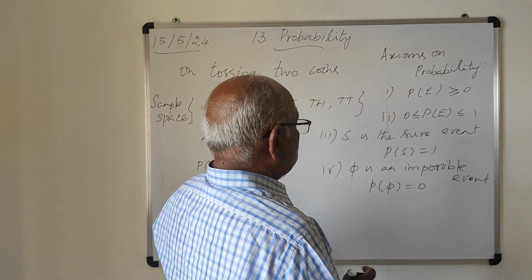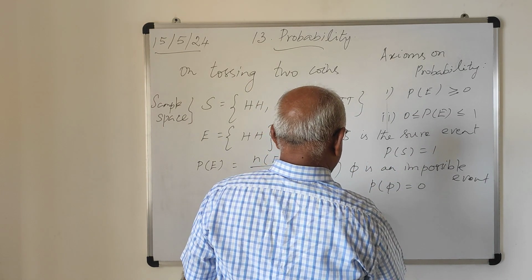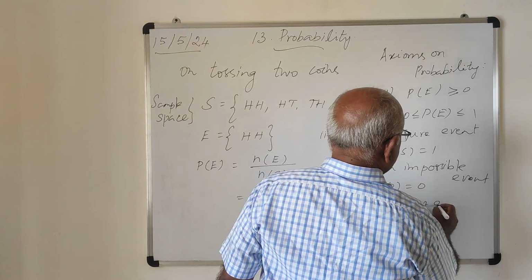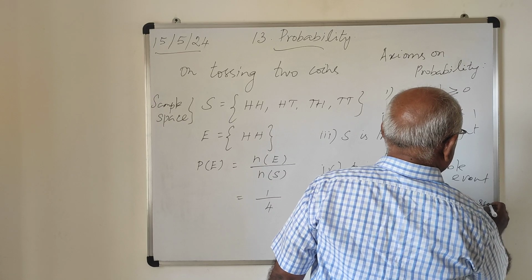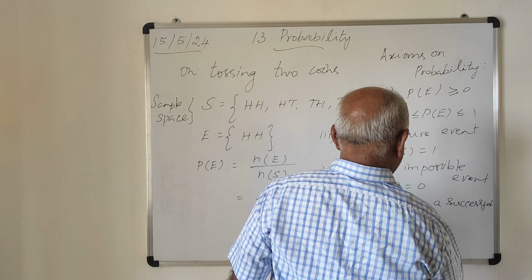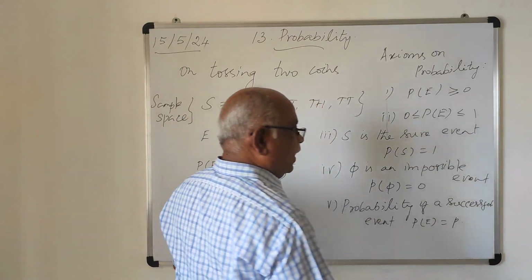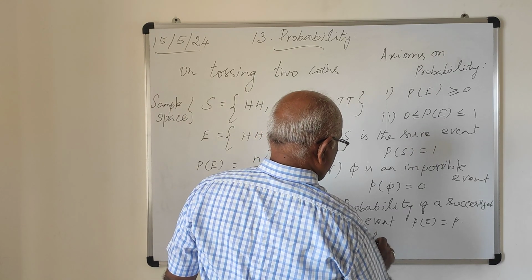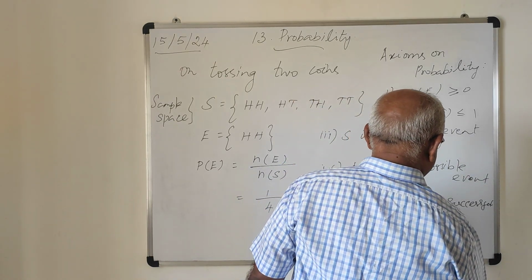Suppose the probability of a successful event, P of E, is defined by small p, and the probability of a failure event is Q. That is P of E dash.